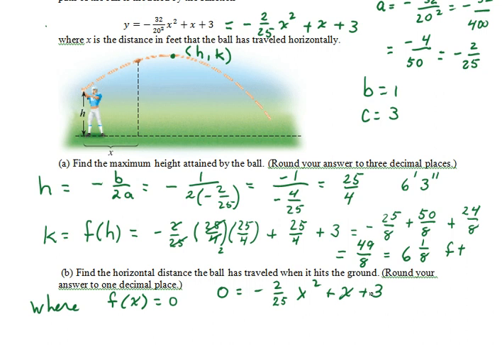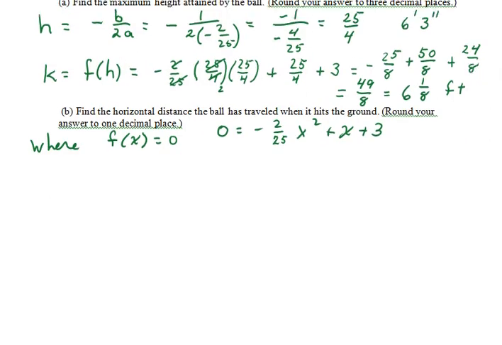And we can use the quadratic formula this time to get that x will equal the opposite of b plus or minus the square root of b squared minus 4ac all over 2a.